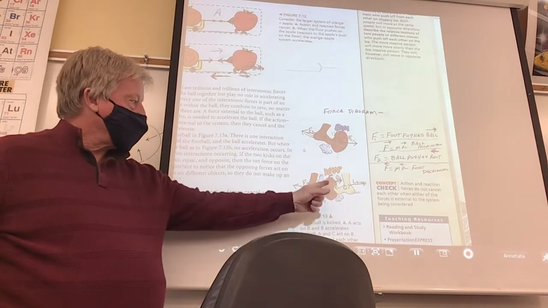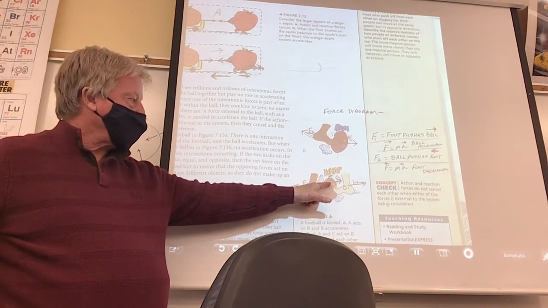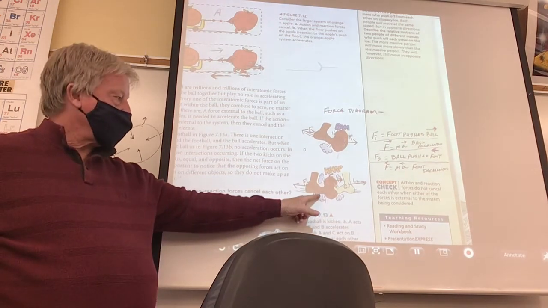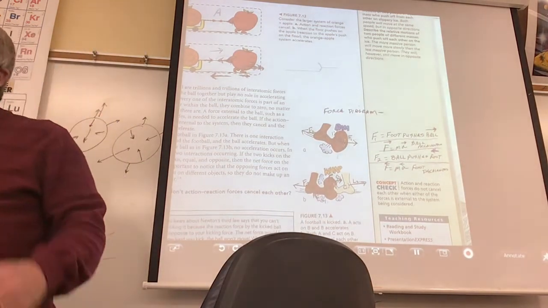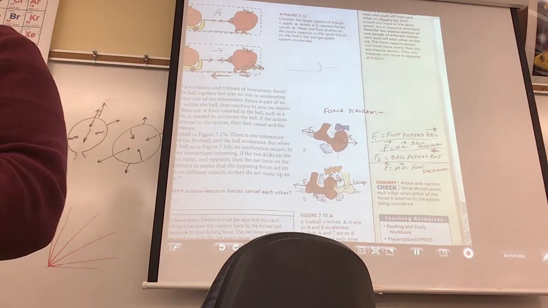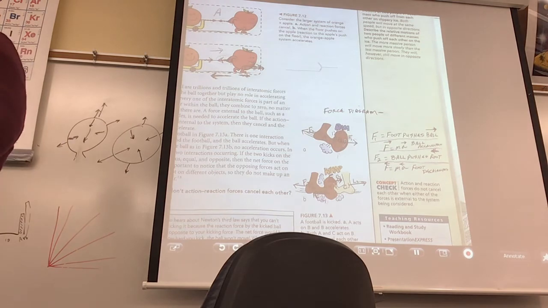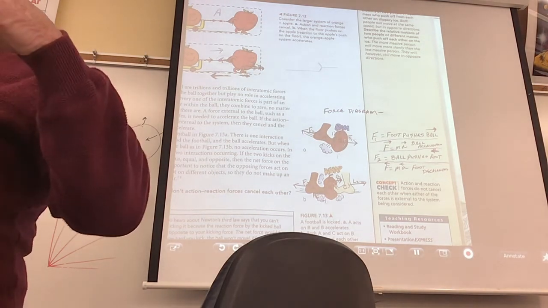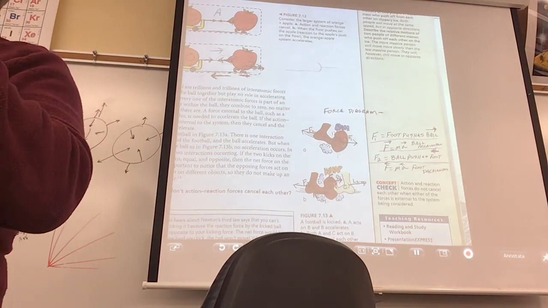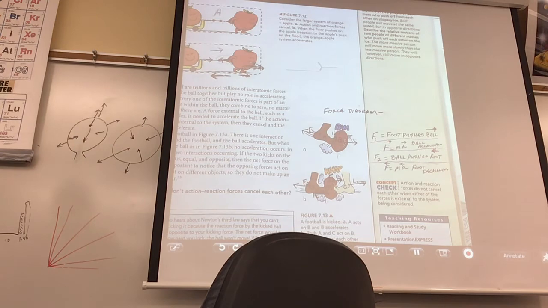Yeah, F1 equals L1, right? Now, what if F1 is greater than L1, to the right? Everybody get that? So I've seen two kids playing soccer and they hit it exactly the same like you said, and the ball stays right there. I've also seen it where it doesn't stay right there.